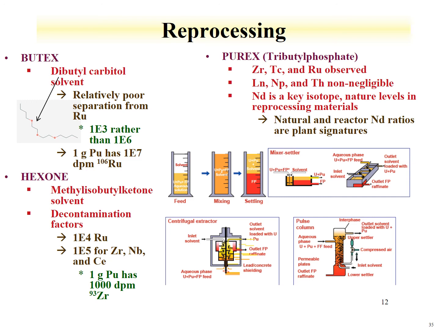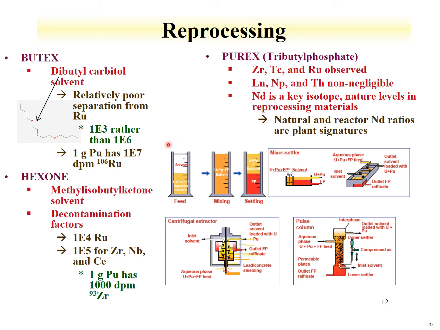Or a Hexone process, which is a separation with methyl isobutyl ketone as a solvent. Again, ruthenium can be a signature here, as well as additional zirconium, niobium, and cerium. So as an example, 1 gram of plutonium has about 1,000 dpm zirconium-93 in it if it was purified by the Hexone process.